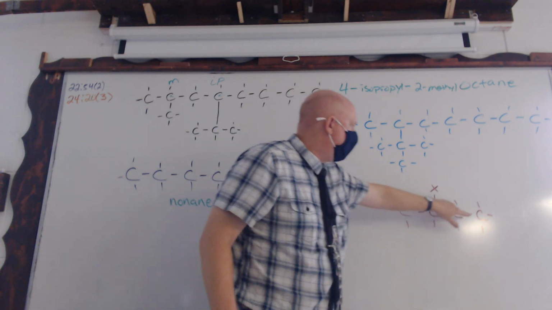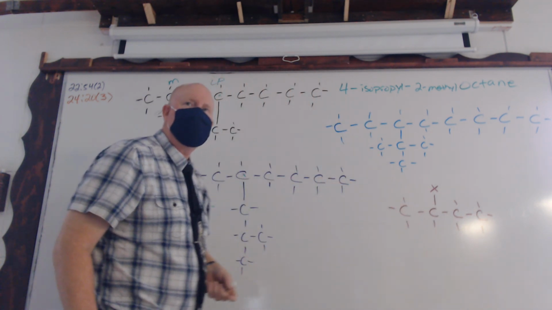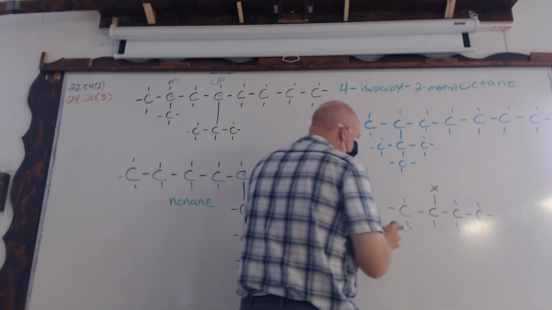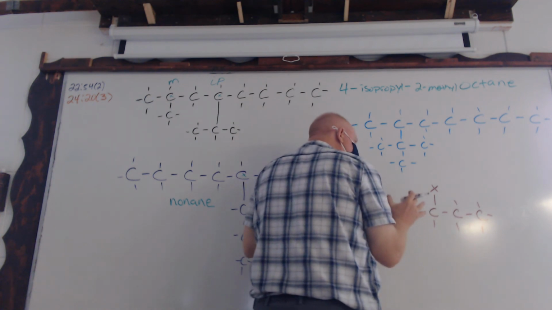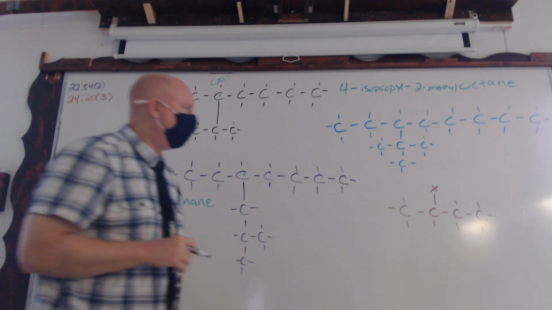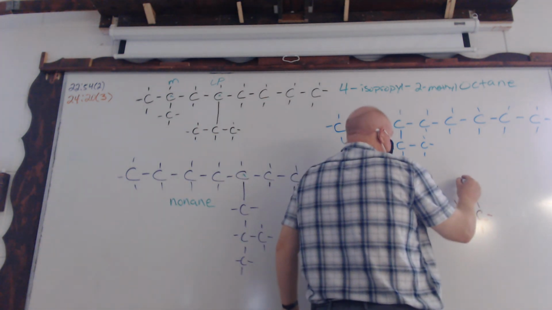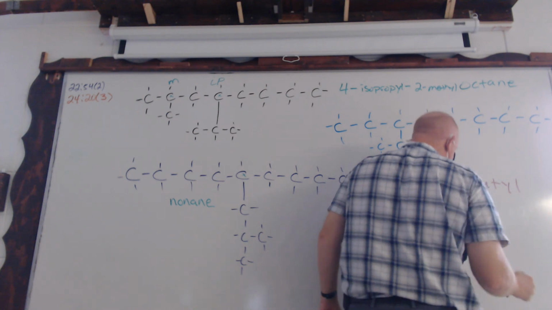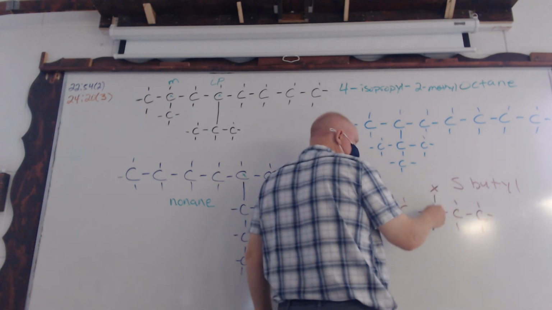Again, how many carbons are in this derivative? 4. And which of those 4 carbons attaches to the parent chain? The second one. Therefore, this is called secondary butyl. It's because it's attaching to the second carbon.